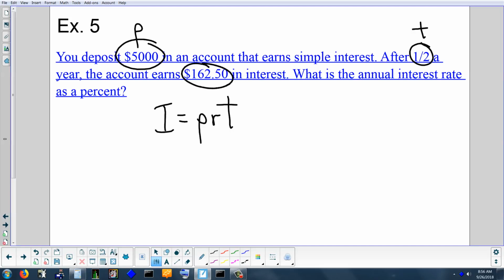Okay, perfect. What does that stand for? All we're left with now is the I or the R. It's the interest, it tells us.